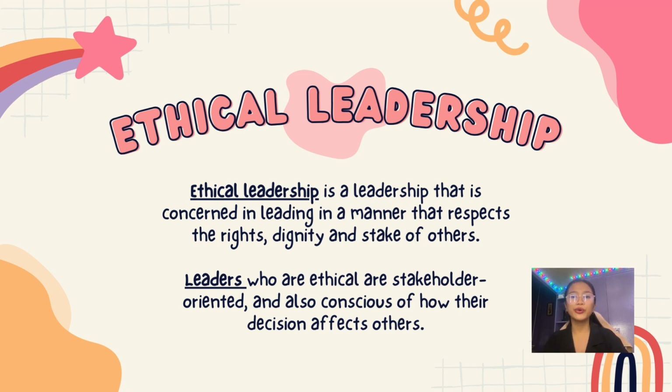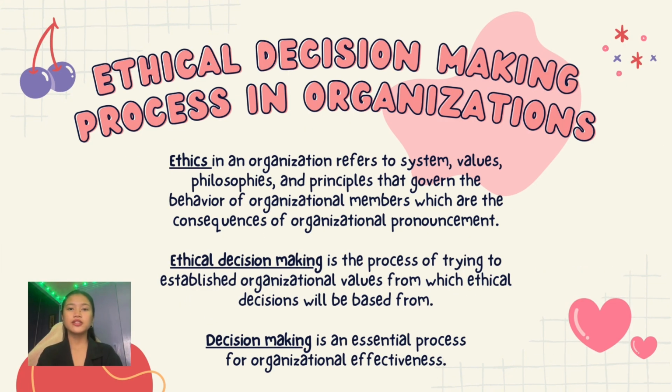Example, a corporate leader who chooses to invest in sustainable practices not only benefits their company's bottom line but also positively impacts the environment, community, and future generations, demonstrating ethical leadership. So next topic is the ethical decision-making process in organizations.